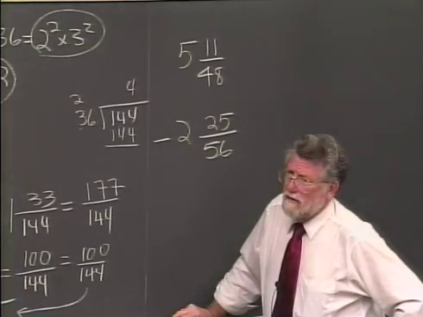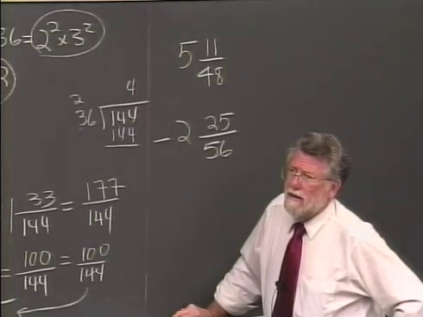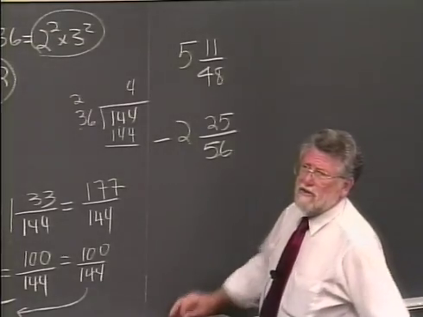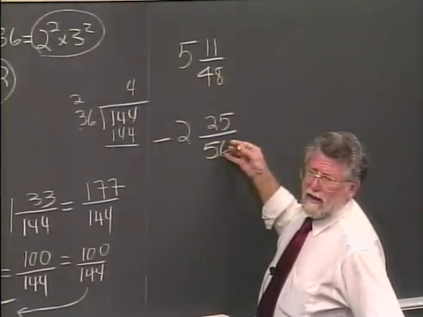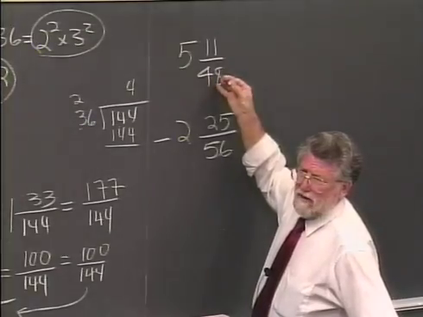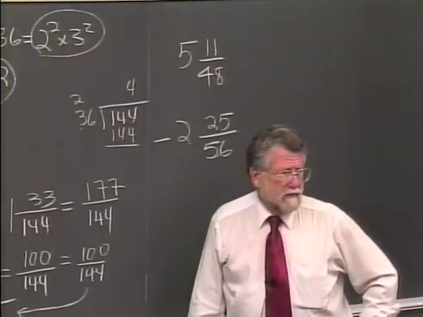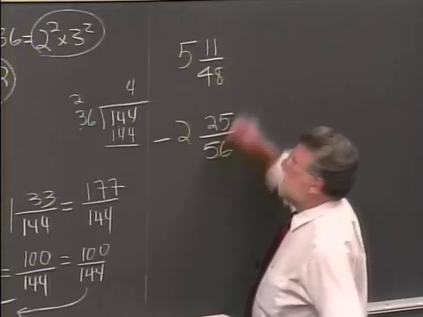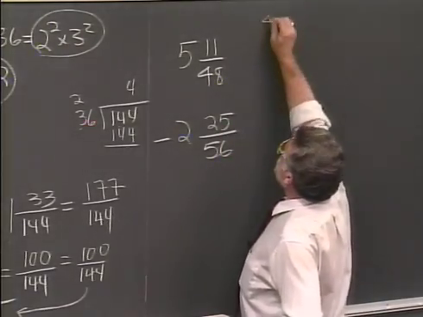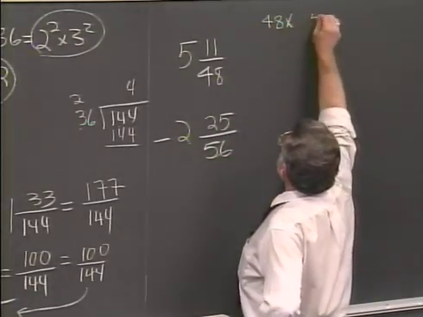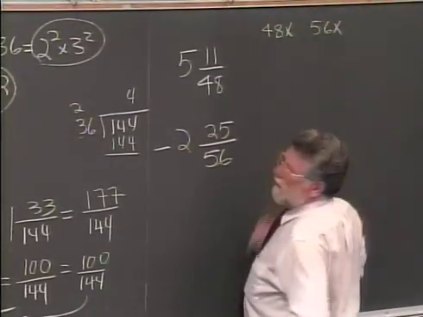I still may have to do what? Borrow, because this is about a half here, and this is a whole lot less than a half here, so I think I'm still into borrowing. Now, I could do this with multiples of 48, so I could still do 48x and 56x, but what am I going to do instead?